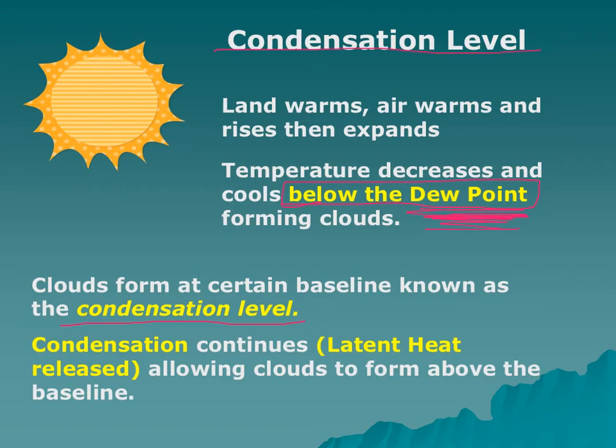So clouds form at or above the condensation level, where the temperature is at or below the dew point. Condensation will continue. Latent heat keeps being released and allows clouds to form above that baseline. Below the baseline, the air is still too warm with the latent heat for the clouds to form.